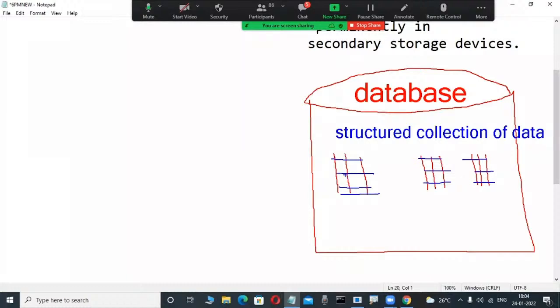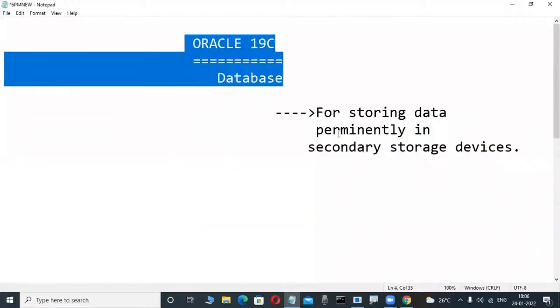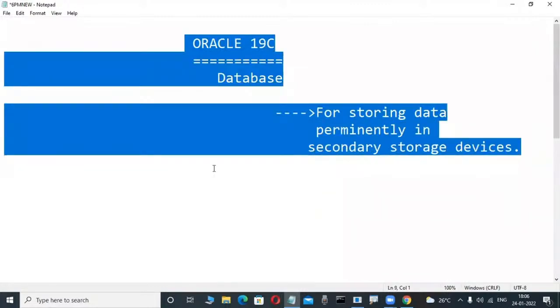Once a structured collection of data is there, for handling and operating this data, which language do we use? Very good. SQL, structured query language. That's why these databases are implemented based on relational data model. What is that? Today I will tell you.